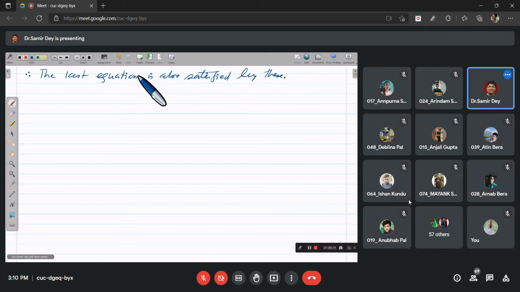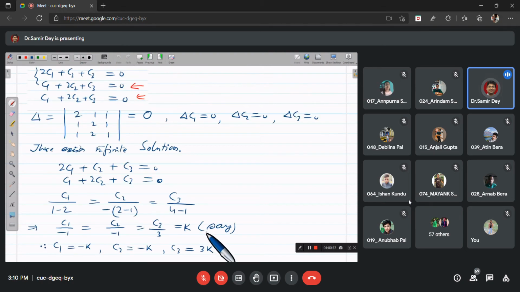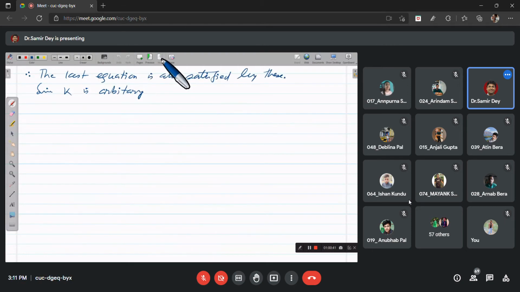Correct? So now you can write, since K is arbitrary, because you are taking K as some constant, then there exists C1, C2, C3 not all zero.